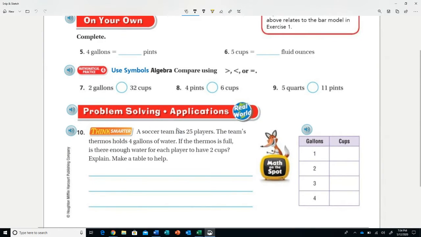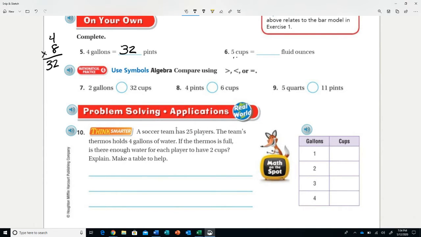So you're going to go back to the purple box and find how many pints are in a gallon. Well, I know if I have 4 gallons, and in 1 gallon there are 8 pints, so I'm going to multiply by 8, and I'm going to get in 4 gallons there are 32 pints.